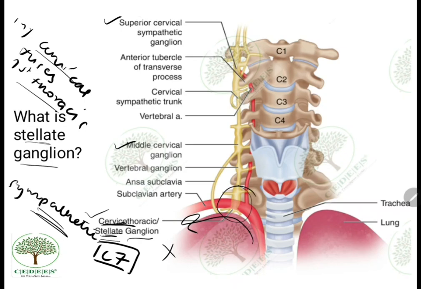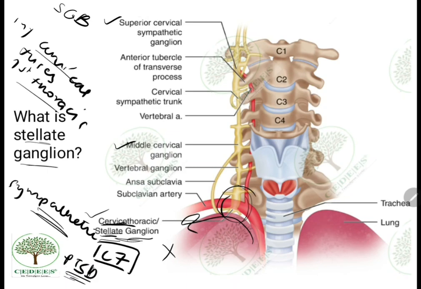And very popularly nowadays, stellate ganglion blocks, or injection of local anesthesia around the stellate ganglion, is being done for treatment of war veterans who are suffering from PTSD. So it is believed that it will provide some relief of symptoms. So that's probably why this MCQ is asked.